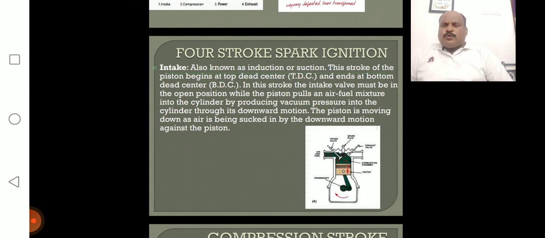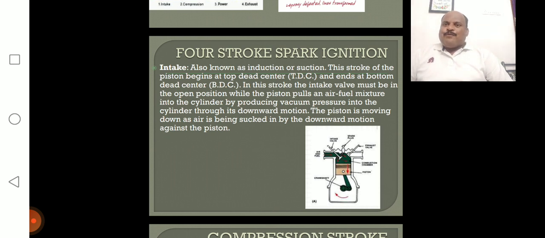When we are looking at the intake stroke, intake is also known as induction or suction stroke. This stroke of the piston begins from TDC and ends in BDC. In this intake stroke, the intake valve must be in the open position.